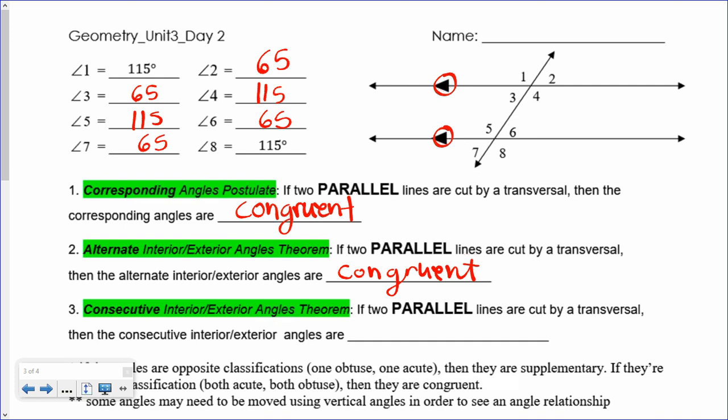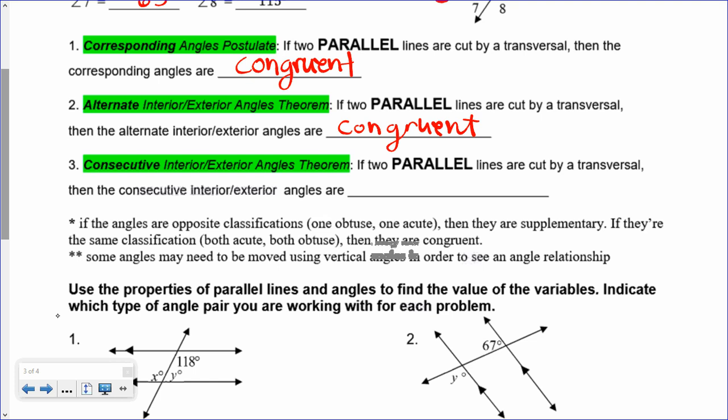What do you notice about their measures? Different. They're supplementary. So the first one you suggested was 5 and 3. If you look at 5 and 3, one of them is 65, the other one is 115. When you add them together, what do you get? 180. So for consecutive angles, every single time, they are supplementary.